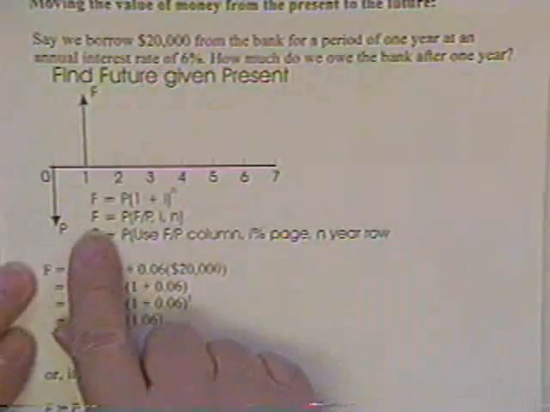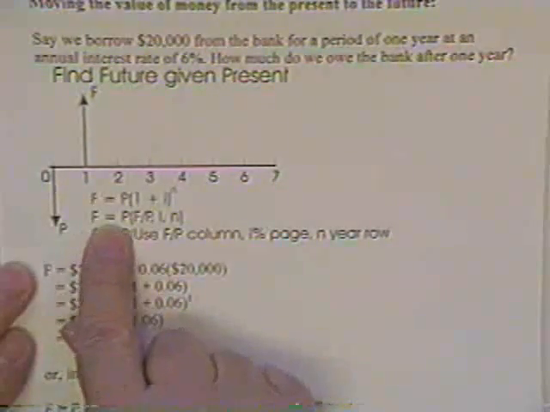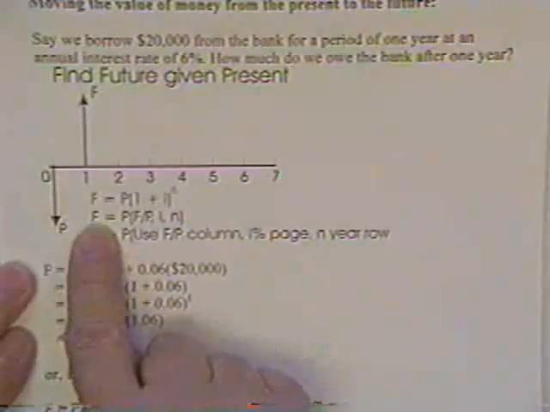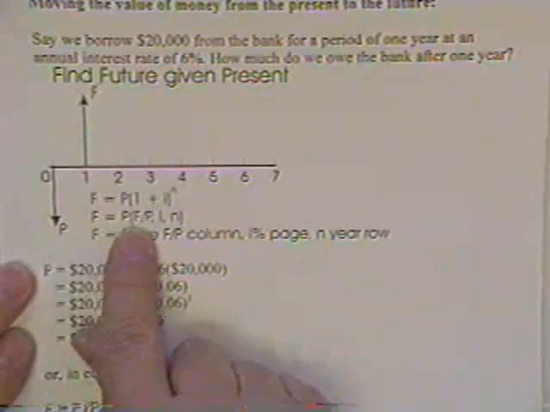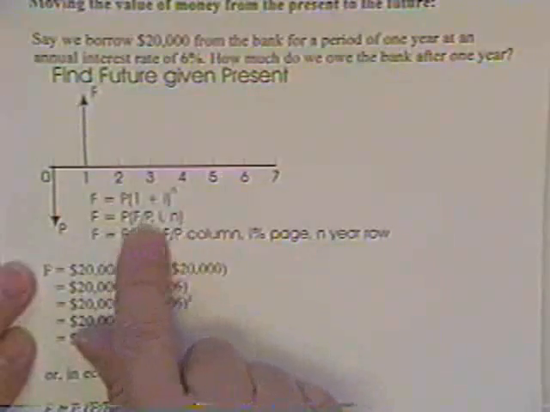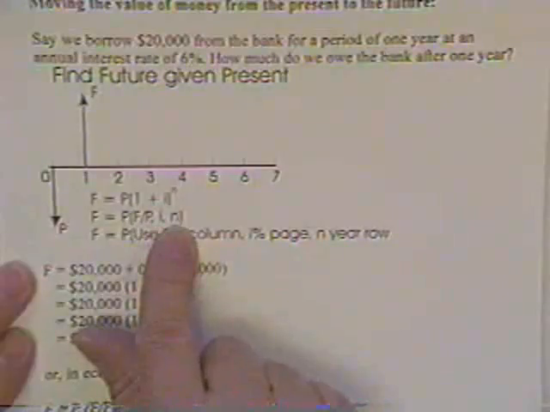Now, a very nifty way to write this down, and which allows you to use interest tables, is to say that future is equal to, the future value of the money is equal to the present value of the money multiplied times a factor, and the factor is called F over P comma i comma n.